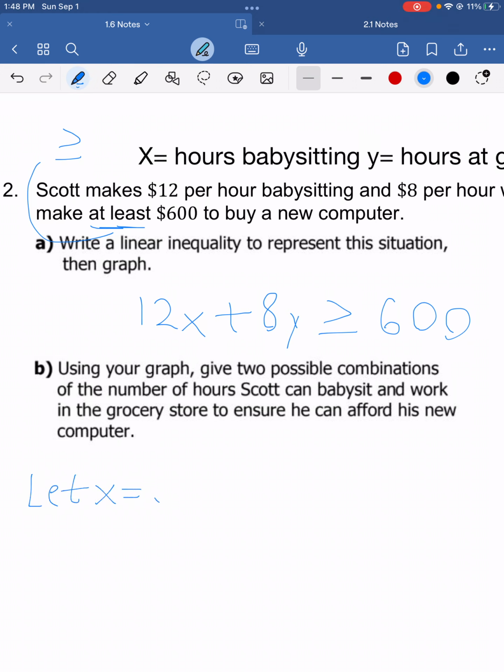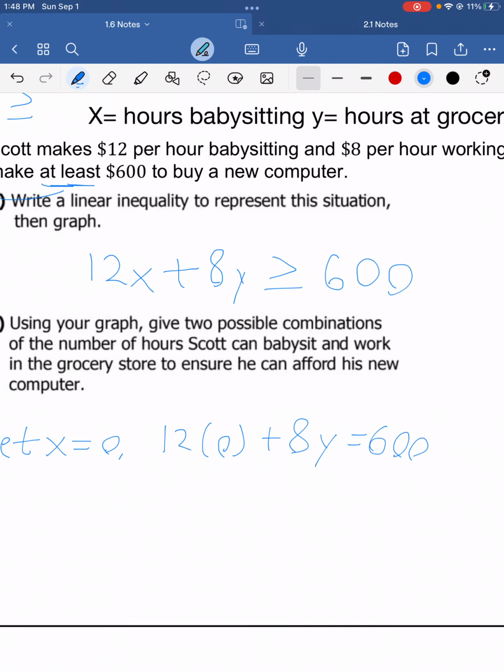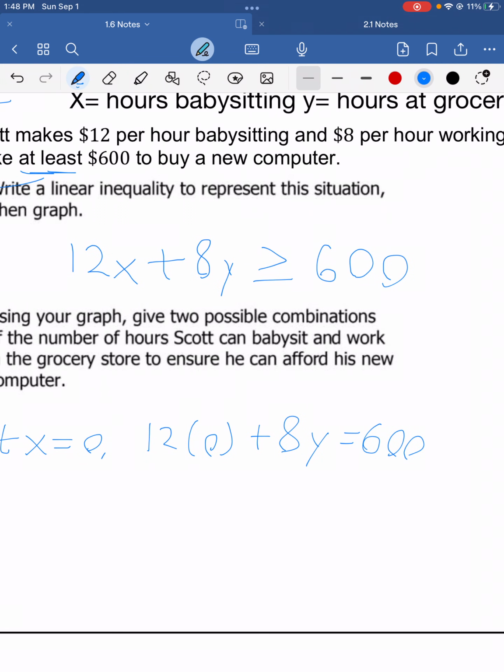So let's let x be 0 to find that y-intercept. So if x is 0, we get 12 times 0 plus 8y equals, and we'll just make it equals 600. Don't worry about when you're trying to find the intercepts, it doesn't matter the less than or equal to sign. We can just make it equals to sign.